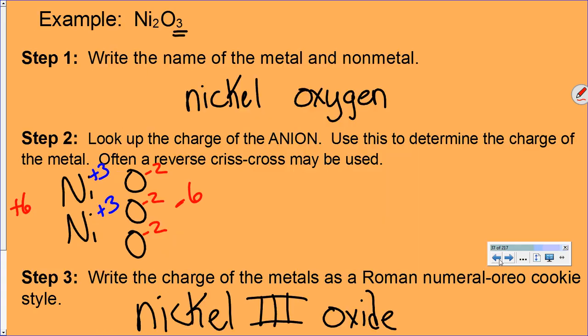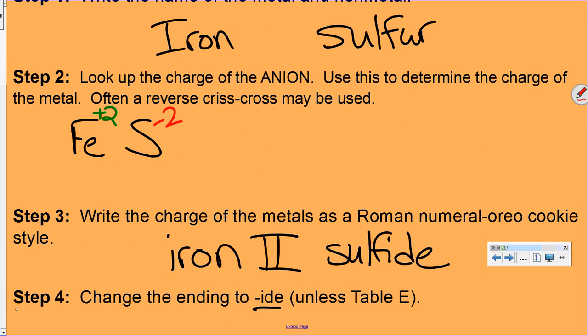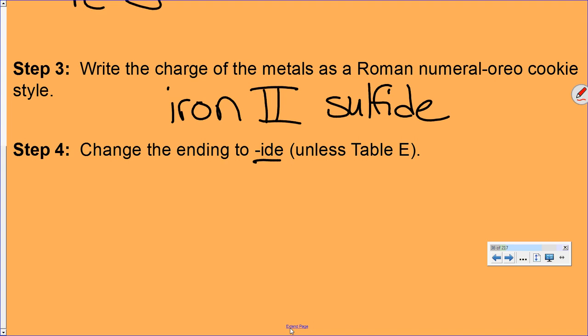If we went back and found another one on here. So iron, because iron's charge here is +2, the common name for this would be, not right in red so you can actually see it, ferrous sulfide.